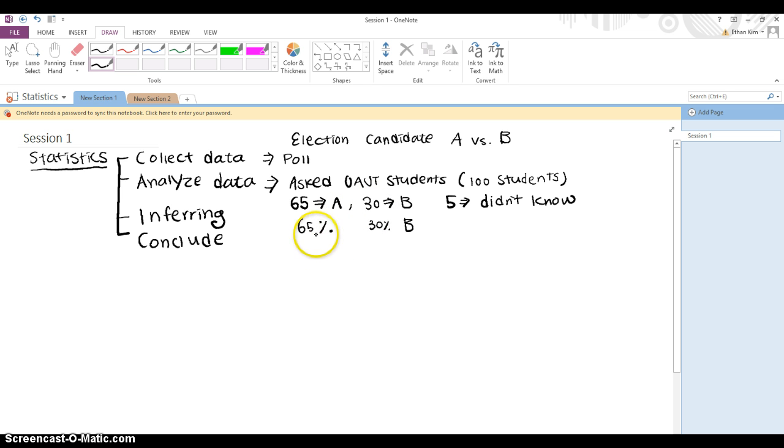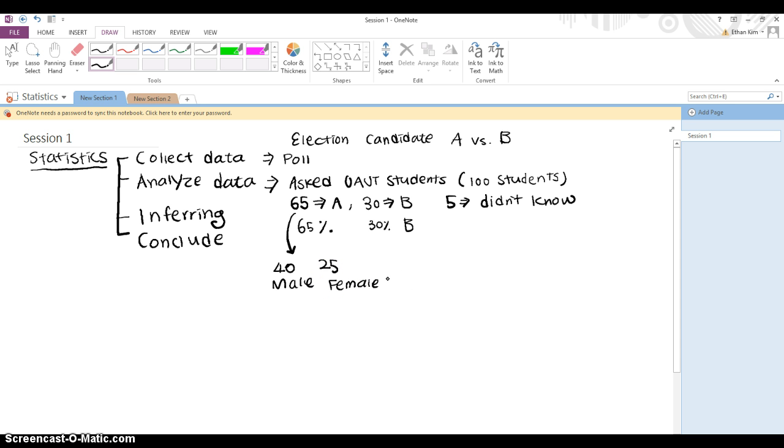So you can say 65% supported A, 30% supported B in UAUT. And you can also say 40 of these 65 people were male, and say the rest 25 were female.